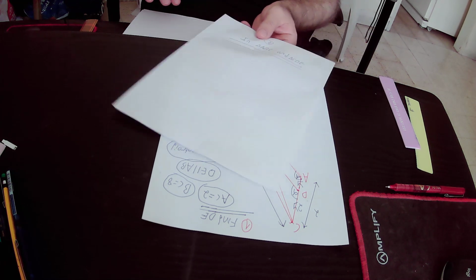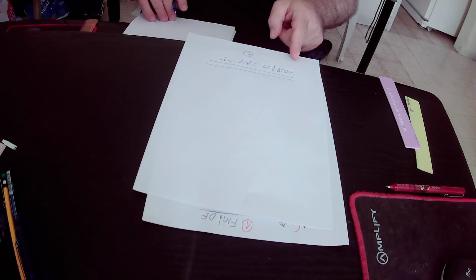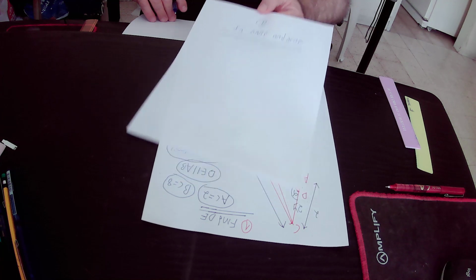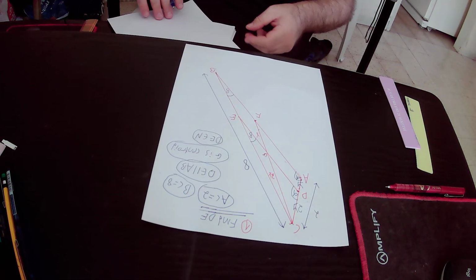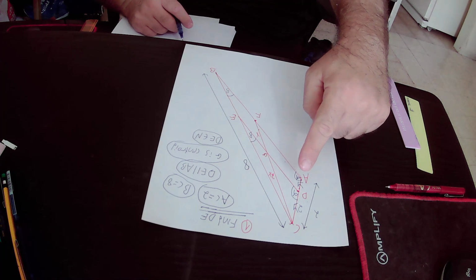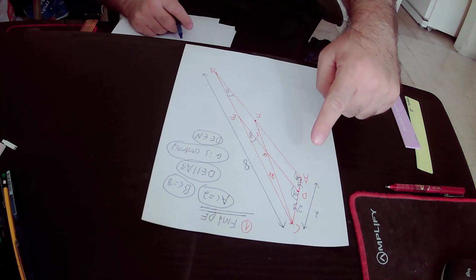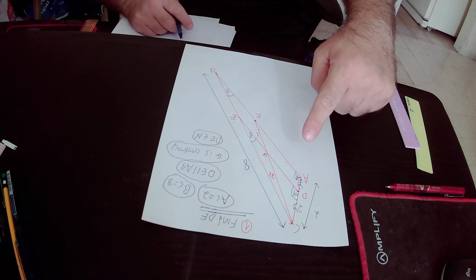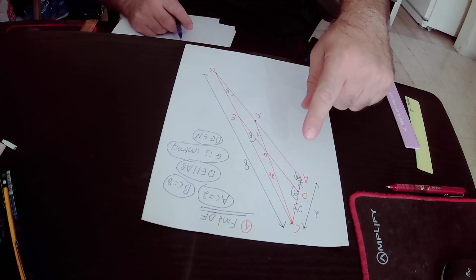Okay, we will focus on triangles ABC and CDE. On those two triangles, we know that angle CDE in triangle CDE is equal to angle CAB in triangle ABC, and they are both equal to alpha.